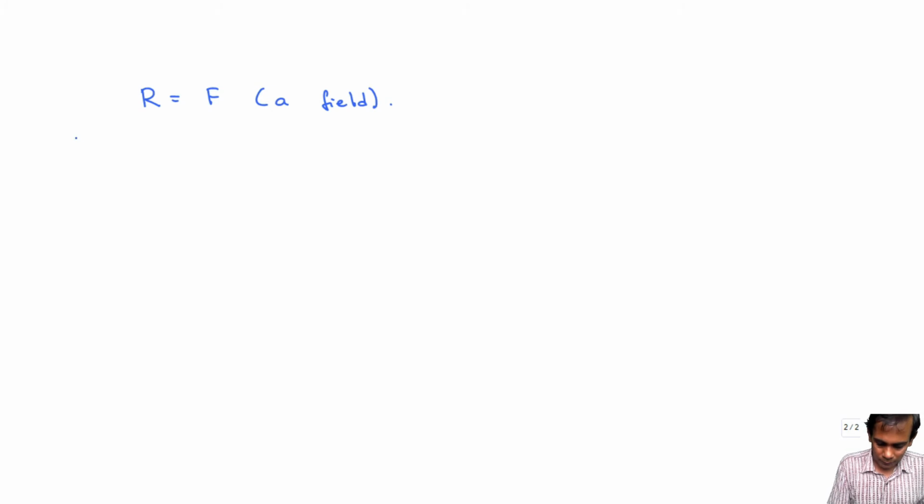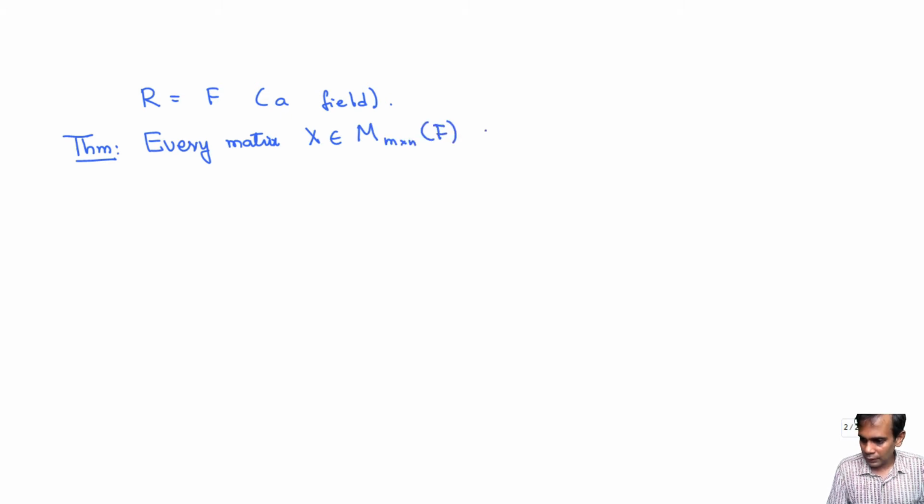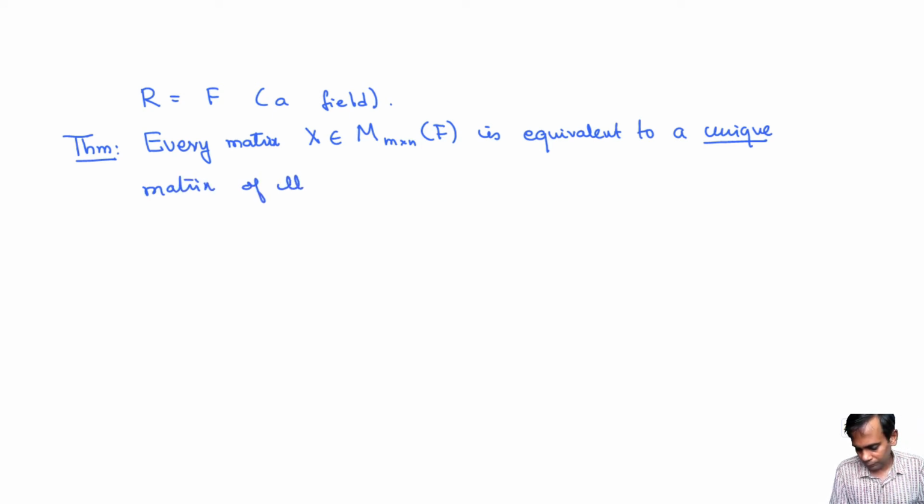Okay, so the theorem is: every matrix X in M_{m×n}(F) is equivalent to a unique matrix of the form... the form is very simple.